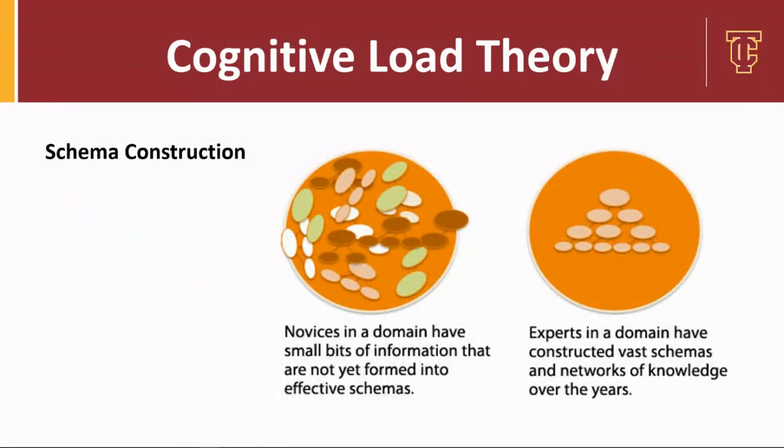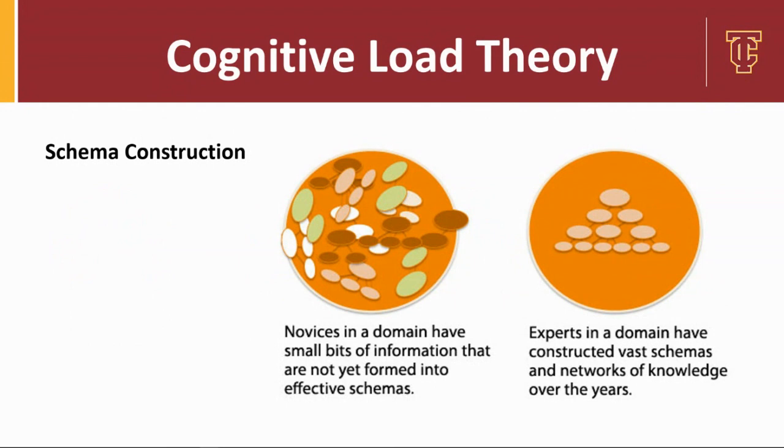And so when we think about schema construction, novices in any subject matter really have little bits of information, or not yet formed, right? Incomplete or not formed at all. Experts, on the other hand, have these nice chunks of information in their brain, these vast schemas or these networks.